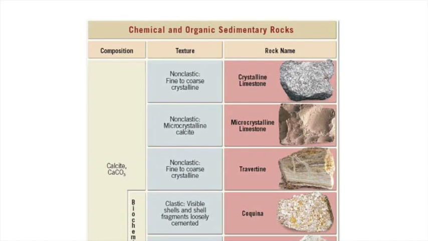And you have different types of limestone. If you have crystalline particles that are settling, then you have crystalline limestone. If you have even smaller particles, it's called microcrystalline limestone, a different shape. And if you have bigger particles, that limestone has a different name. It's called travertine. And travertine is beautiful. You can make floors out of it.